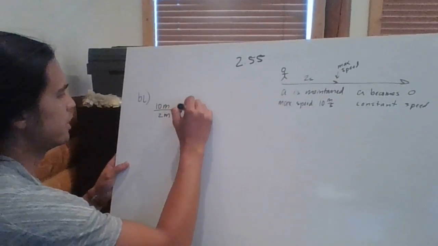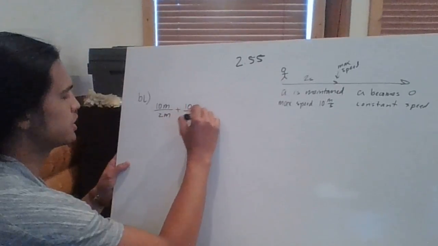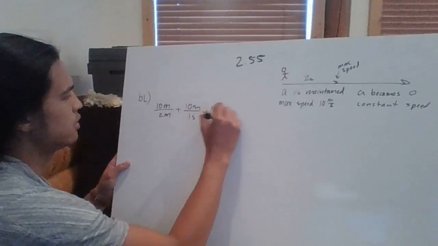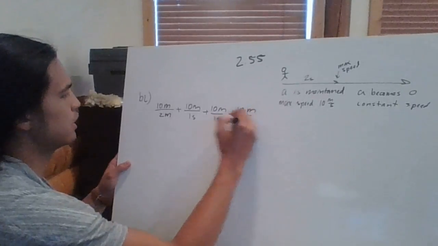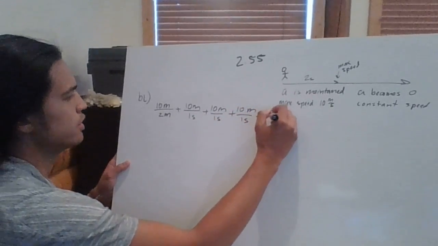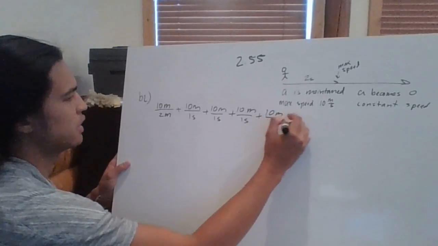So you can just add in another 10 meters per 1 second plus 10 meters per 1 second plus 10 meters per 1 second plus 10 meters per 1 second.